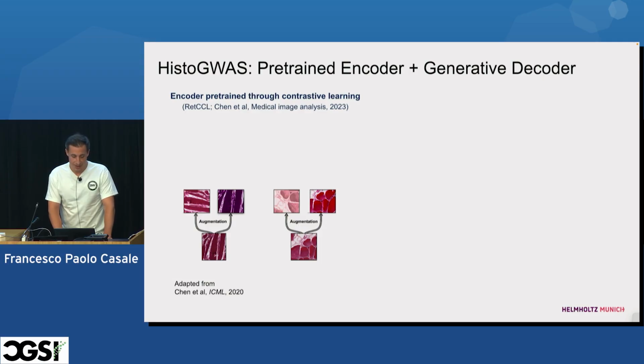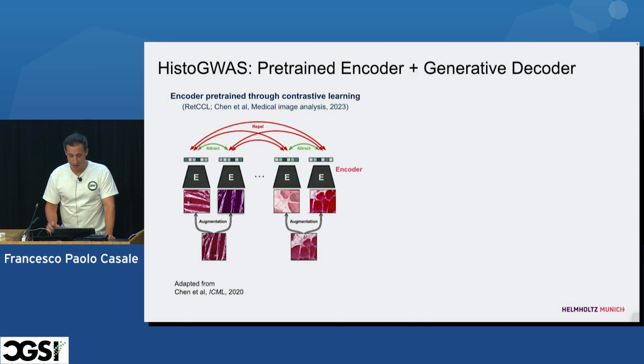So this is the SimCLR training strategy. If these are two images of histology patches, you can consider two different augmentations of the same image that do not change content. So the rotations, flips, and color jittering do not change the content of the image.